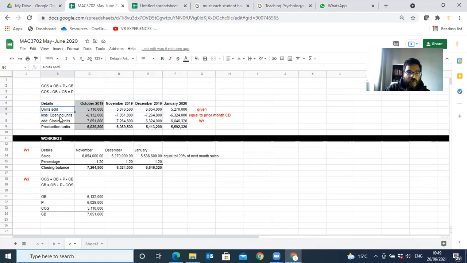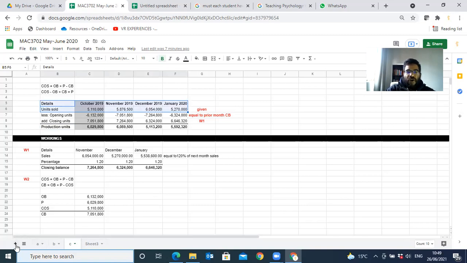Once again, you don't have units sold; the units sold is basically the units transferred to finished goods. And then finished goods will look exactly like this. The only difference is in work in progress, you won't just have one line item called production. It will be split into raw materials, manufacturing overheads, direct labor, and so forth. So just be aware, this format always works, it just may need some form of adjustment.